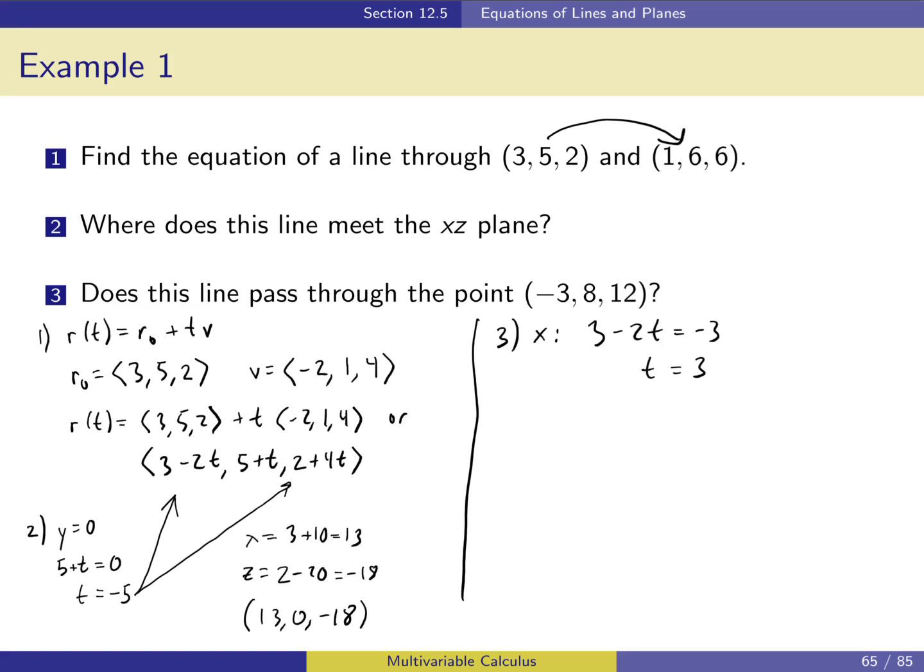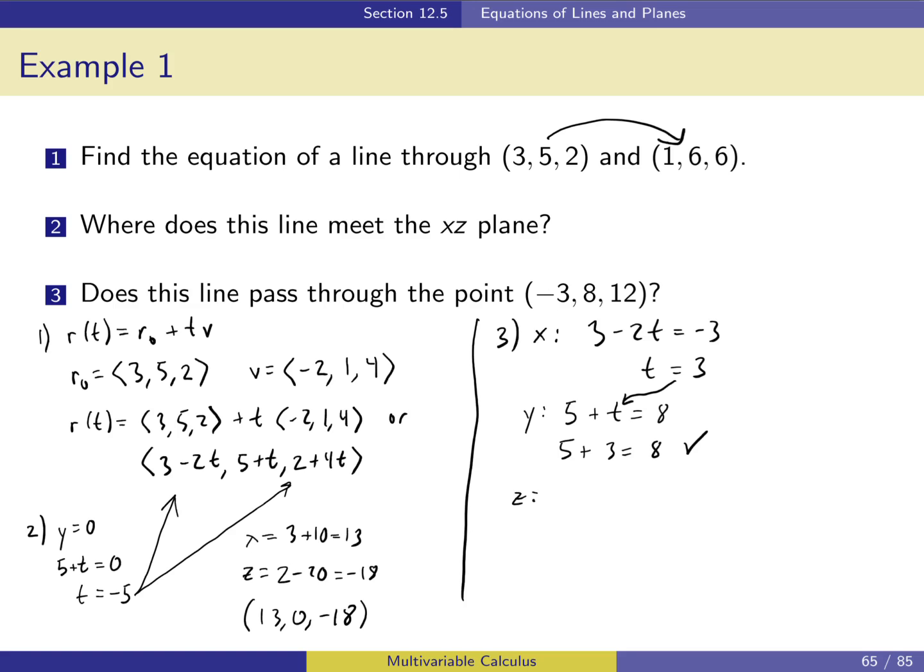Since this is the only t that could possibly work, let's try plugging this t in to the y-coordinate. For the y-coordinate, we want 5 plus t to be equal to 8. When we plug in t equals 3 here, we get 5 plus 3 equals 8. And that checks out. When t equals 3, the y-coordinate is what we want it to be. Let's try the z-coordinate, though.